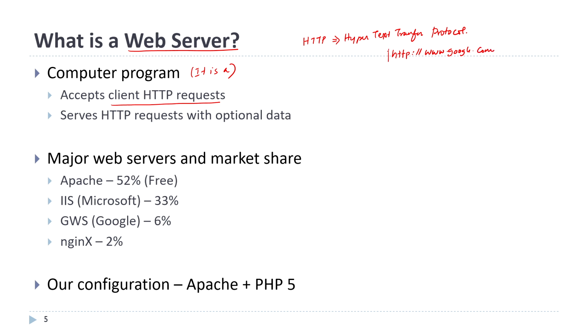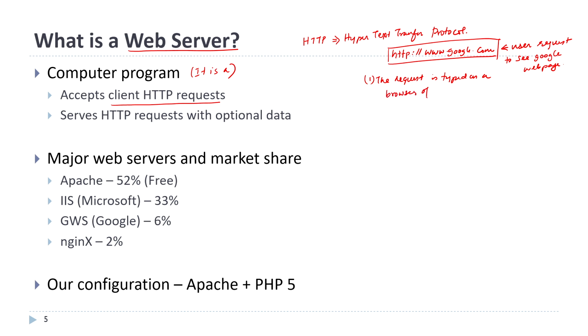This is the request, meaning the user request to see the Google web page. Where does this get created? The request is typed on a browser of the client machine.